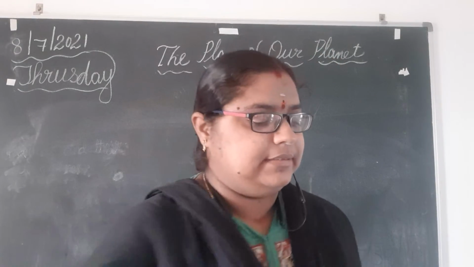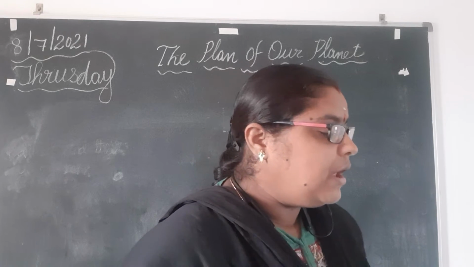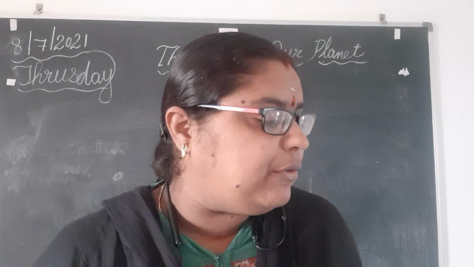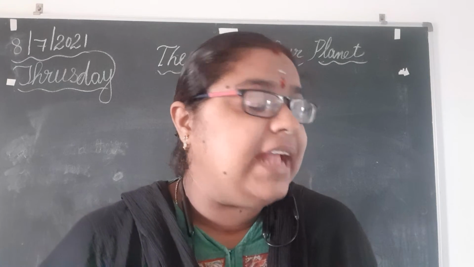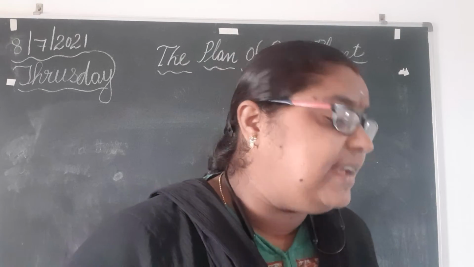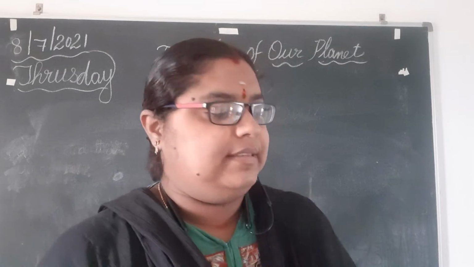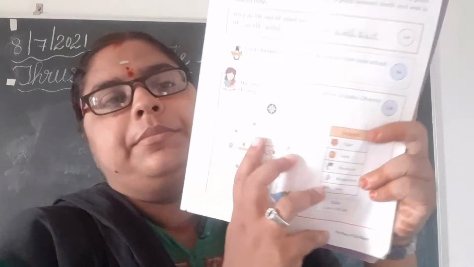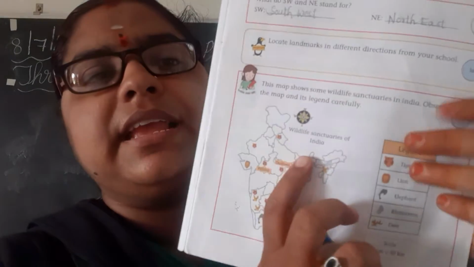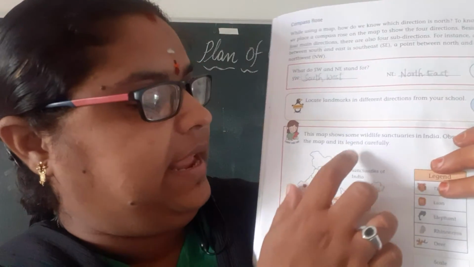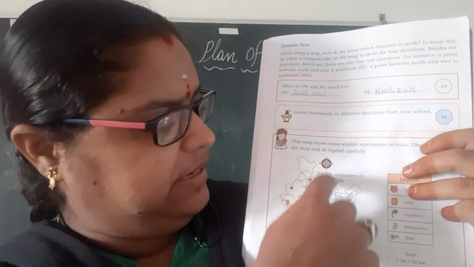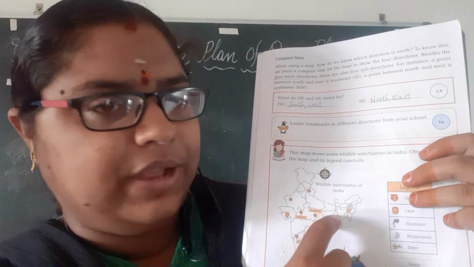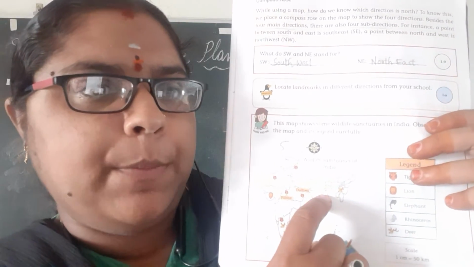Okay. Next, second question. List the animals that can be found in the sanctuaries of Northeast India. See the map. Observe the map. Which animals can you see in Northeast India?